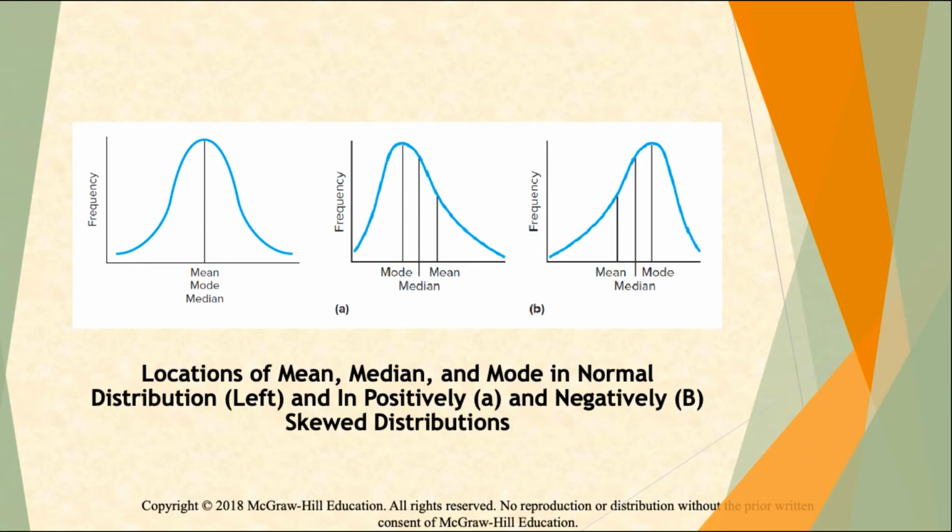Also we have the location of the mean, median, and mode in a normal distribution on the left, and in a positively skewed distribution in A and a negatively skewed distribution in B. You can see in the left one, the mean, median, and mode are all in the same place in a normal distribution. But on the right side, we have A, which is a positively skewed distribution, and B is a negatively skewed distribution.